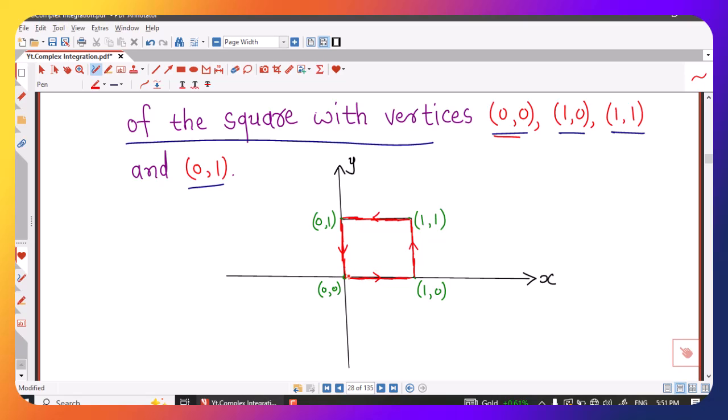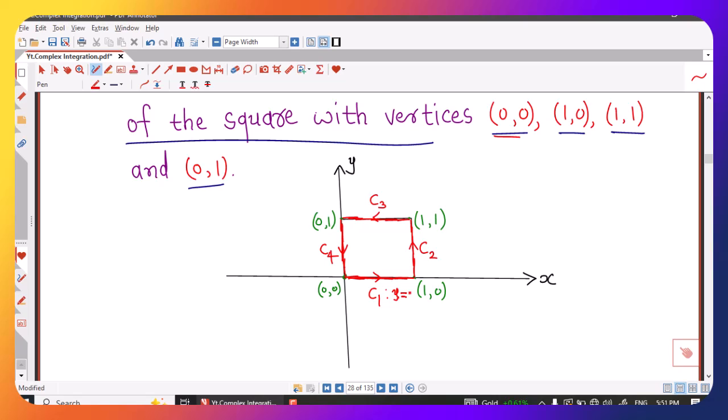On each line segment we will have different equations. For example, suppose we denote by C1 the line segment between 0 0 and 1 0. This is denoted by say C2, this is by C3, and this is by C4. Now this line segment C1 is along x-axis, and we know that along x-axis y is 0.